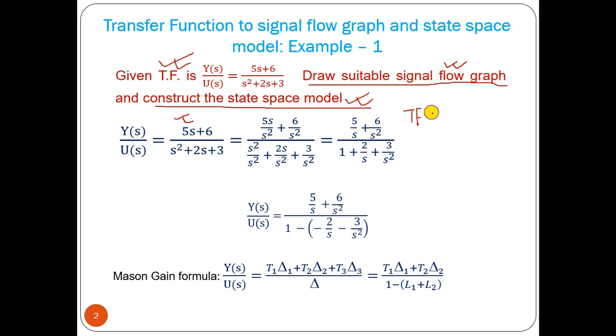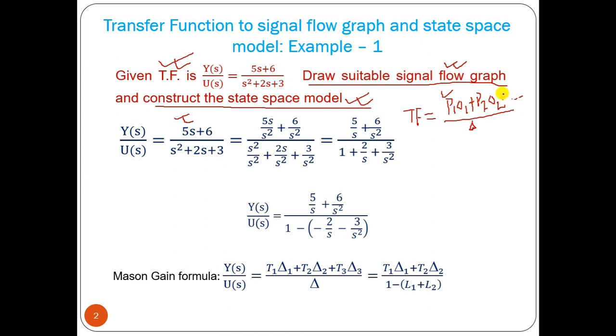From a signal flow graph we can find the transfer function using Mason's gain formula, which we can write as P1 delta 1 plus P2 delta 2, plus other terms if we have more than two forward paths. P means forward path.